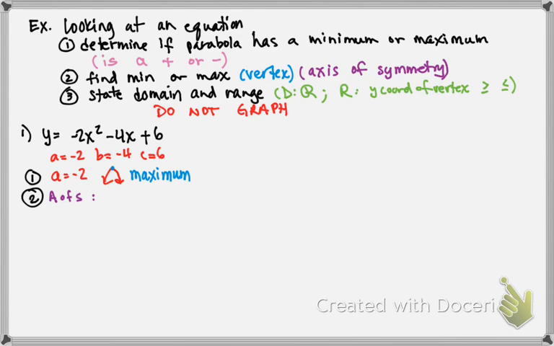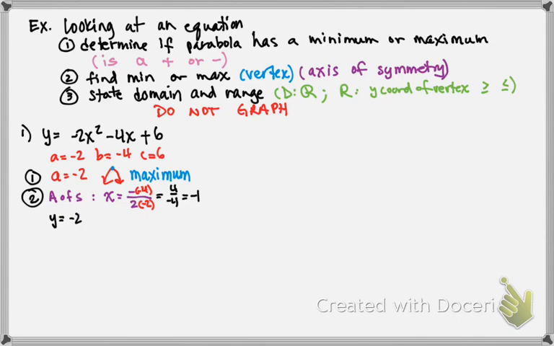And we're going to get x is equal to negative b over 2a. So that gives me 4 over negative 4, or negative 1. Okay. Then I'm going to take that value of negative 1 and substitute it back into the equation and solve for y.